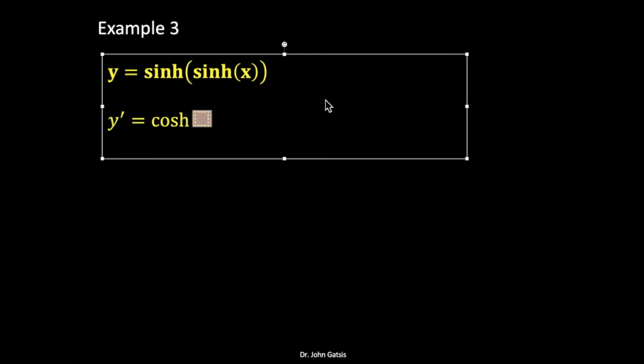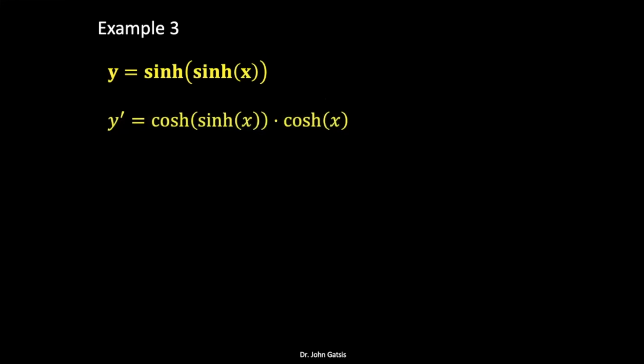This would be the hyperbolic cosine of the hyperbolic sine of x, multiplied by the derivative by the chain rule of whatever's inside this bracket. So what's the derivative of hyperbolic sine? Well, that's just hyperbolic cosine. All right, I'm just going to put a little dot here, and that'll be cosh of x. Yeah, I said cosh, just like my university professor.